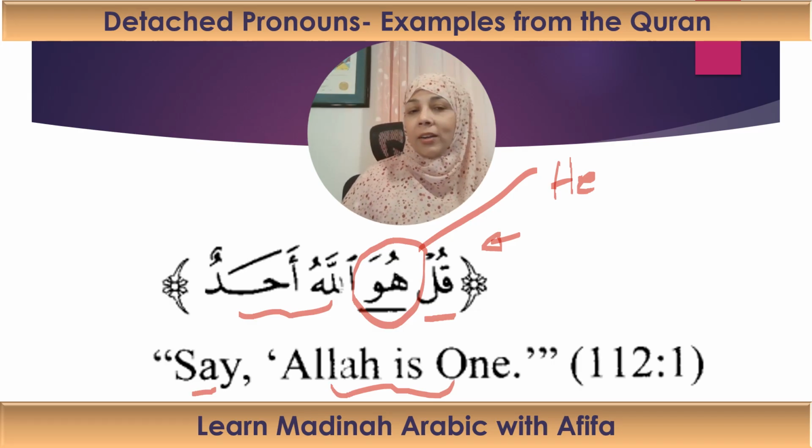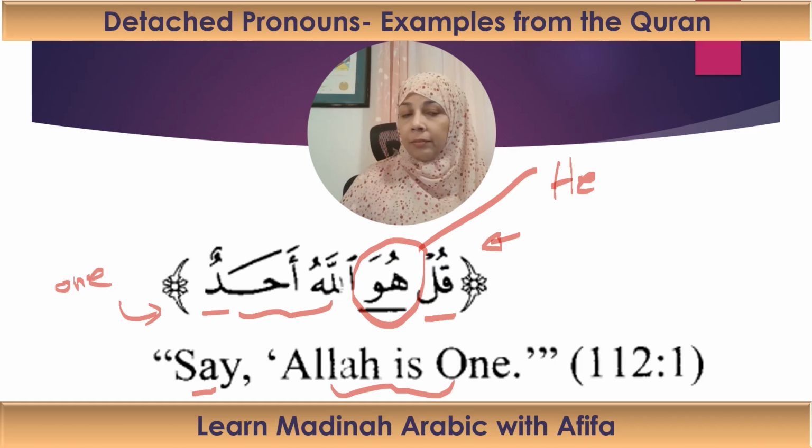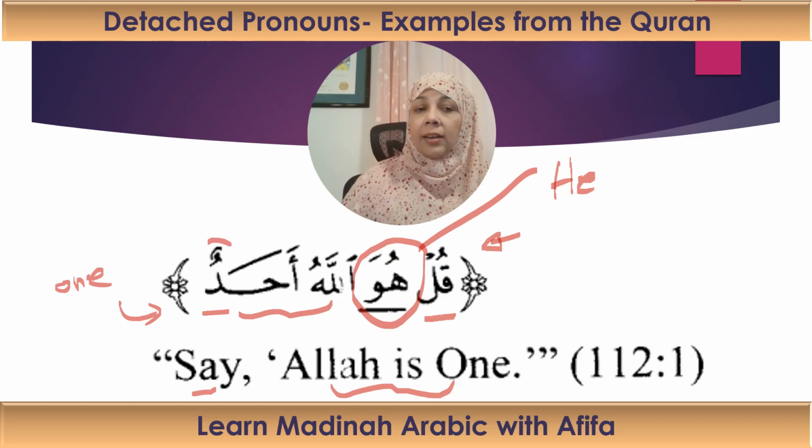In a direct translation, it would be he, Allah is one. Without the pronoun, the sentence is correct, but the pronoun is emphasizing that he, Allah, is one. Another thing I want you to observe is this word ahadun, which means one. We studied definite and indefinite nouns before, so this is an indefinite noun because it has a tanween.